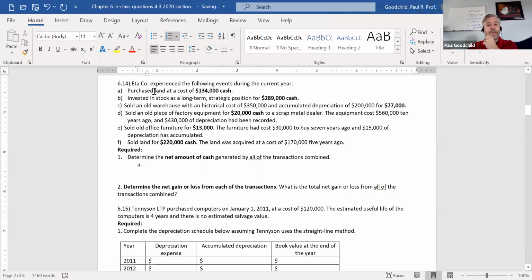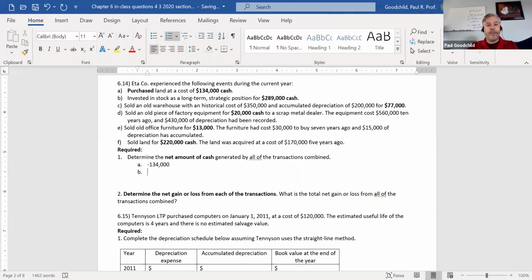Okay. So here, purchased. The first part is an outflow of 134,000. B, invested in, so basically we purchased as well. So that's minus 289,000.